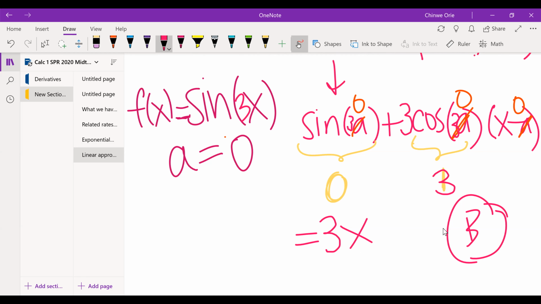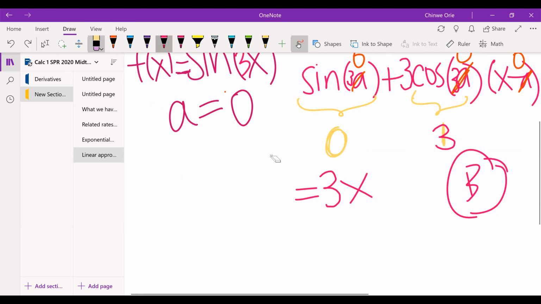So that's actually the correct answer. So it's not B. It's going to be, what the hell? I did not intend that. Malfunction. Not B, but C.